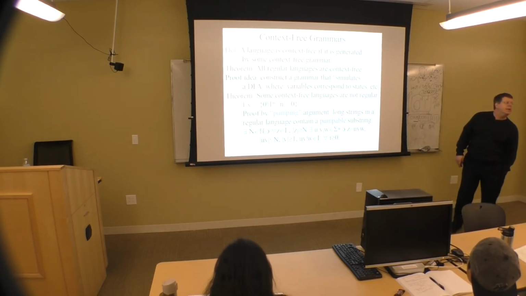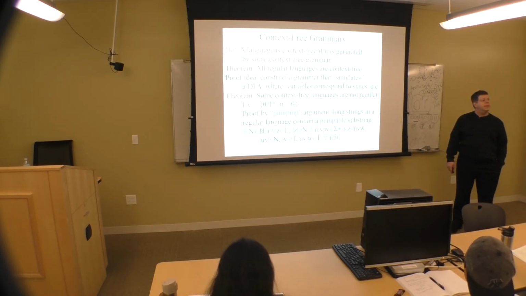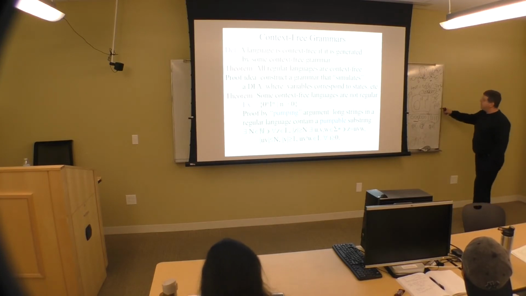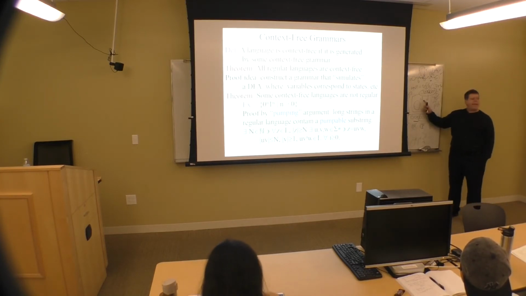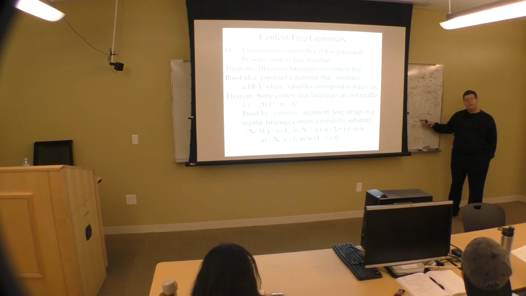Can you give us another example of how to pump, say for example, 0 power n and 1 power n and 2 power n? But first let me say that I could have chosen n large enough, bigger than the number of states in the machine, so that the pump would be forced to be in the zeros, and not even have a choice to be in the ones. How many understand that?